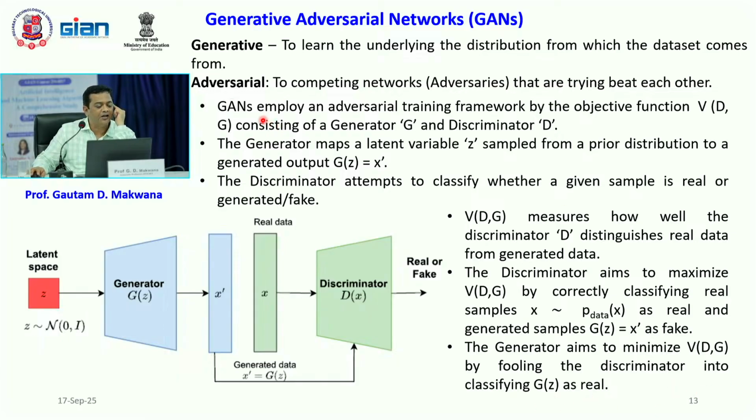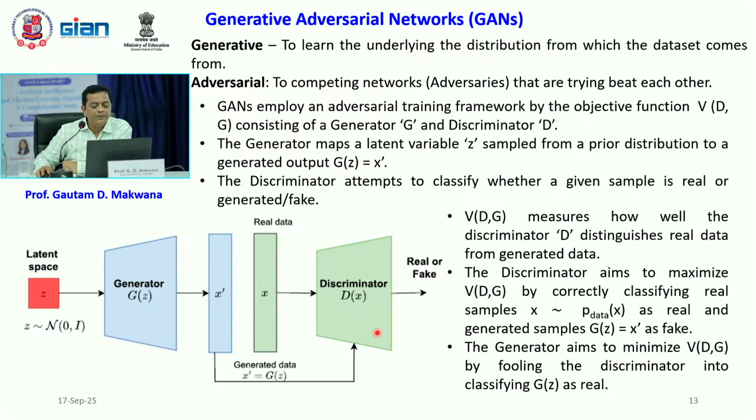So here the GAN employs an adversarial training framework for the objective function V of D comma G, consisting of the generator G and the discriminator D. The generator maps a latent variable Z sampled from the prior distribution to a generator output G of Z equal to X prime, that is this part, and the discriminator attempts to classify whether a given sample is real or generated, or fake.